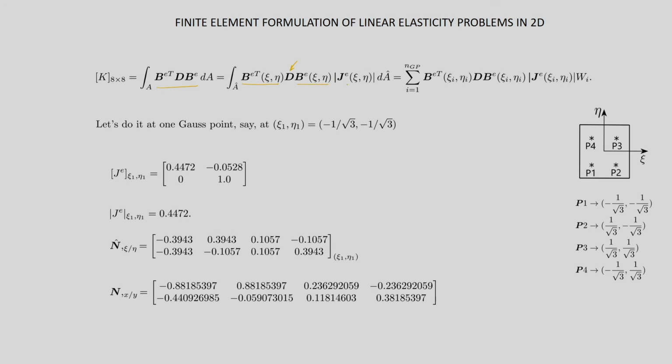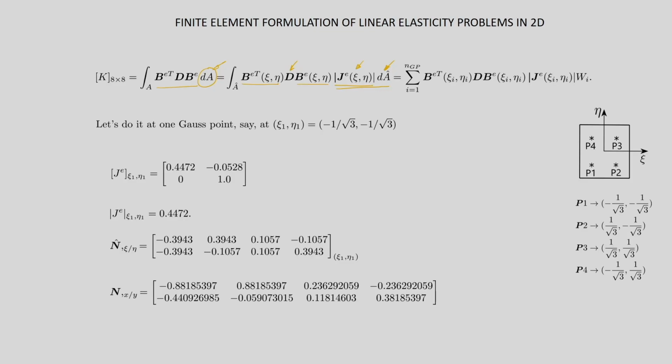Then here we have the determinant of the Jacobian that we have already calculated as a function of xi and eta. Now, how this comes about is because we have represented dA, which is in the physical element, and related it to the corresponding element in the master element. We have already derived in the steady state heat conduction problem that dA is equal to determinant of Jacobian times dA hat.